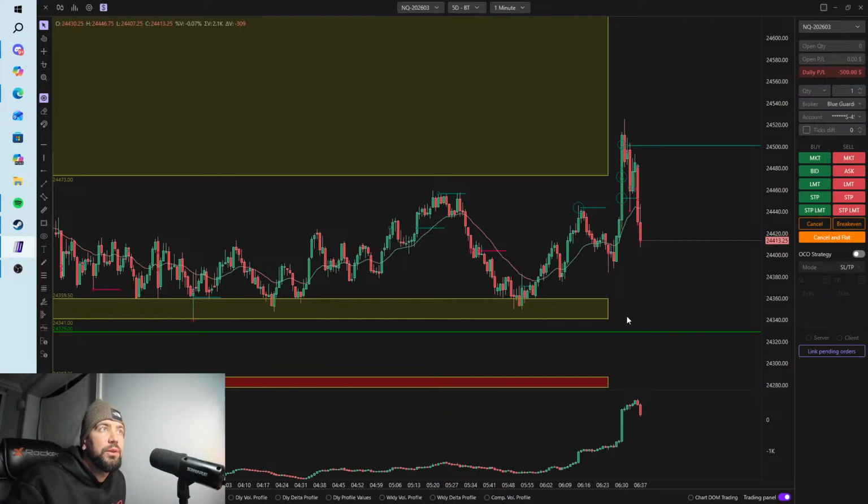This will be the area where we want to see it go long. If we see aggressive buying here and this gets absorbed, then this could possibly be a good long. But we could see it pull back all the way to this area.